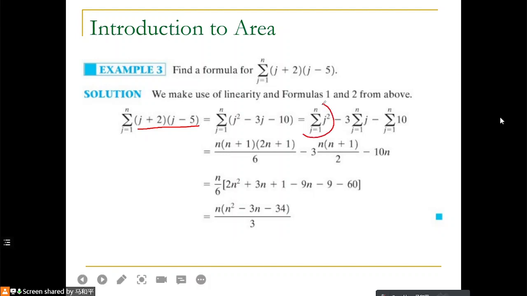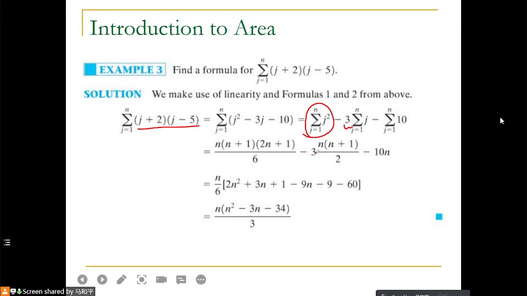And here, this one, j from 1 to n of j squared. This is the second formula, right? Second formula we know is equal to n times (n plus 1) times (2n plus 1) over 6 minus. This is 3, 3 is a constant by linearity. This is just the 3.